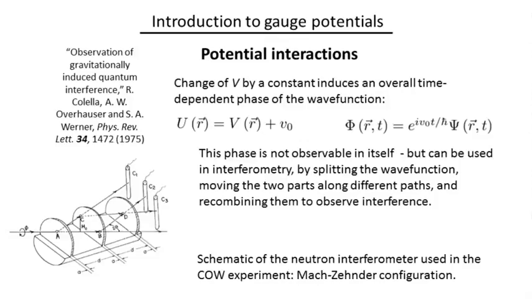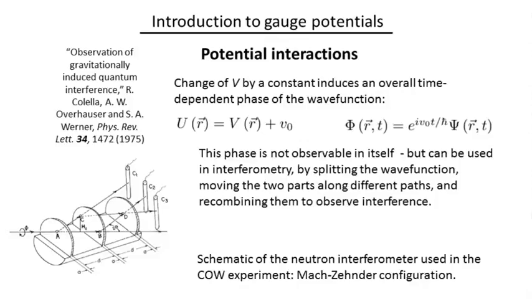And indeed, it's never really possible to identify the overall phase of any wave function. But effects of this type are used in certain forms of interferometry.